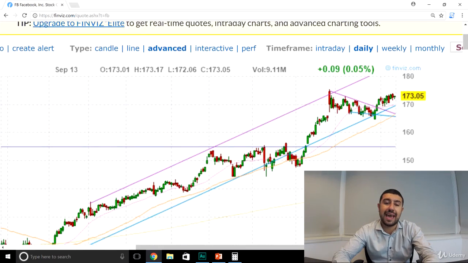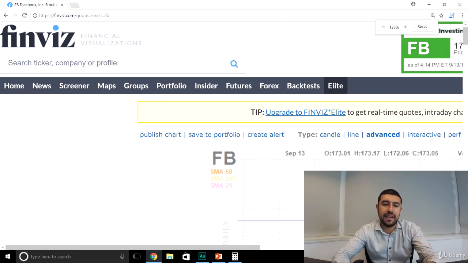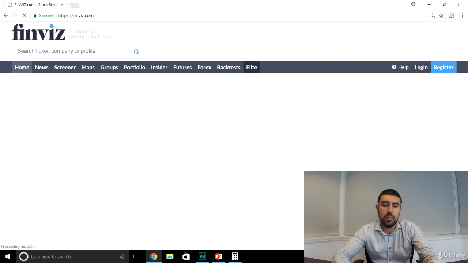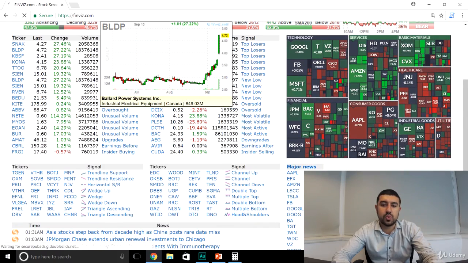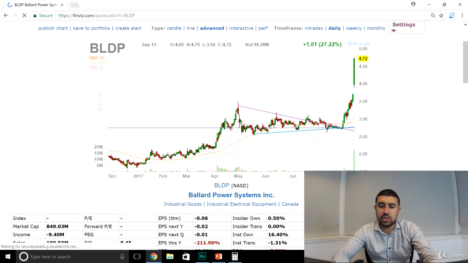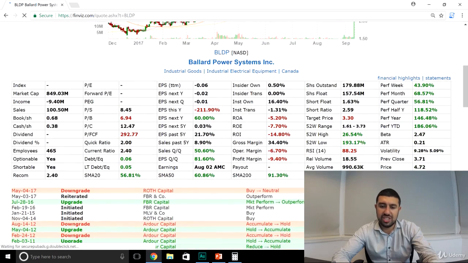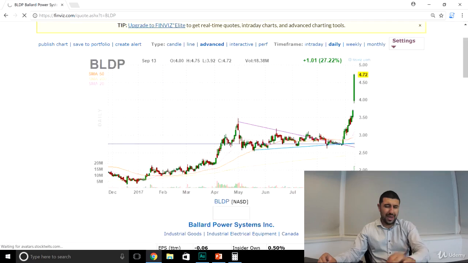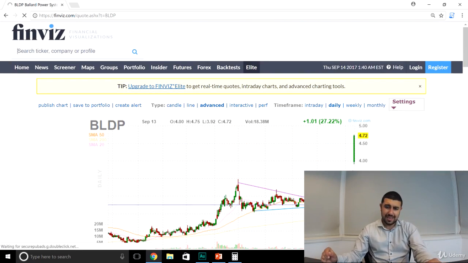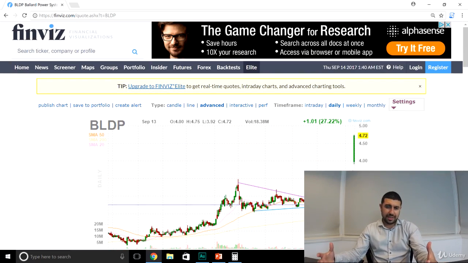Now, if I'm looking at another firm, let's say I choose one randomly out of the top gainers, and I ask what the institutional ownership is on this one. Oh, just 16%. So the VWAP might be way less meaningful on a stock like that, because a lot of institutional traders aren't choosing it.